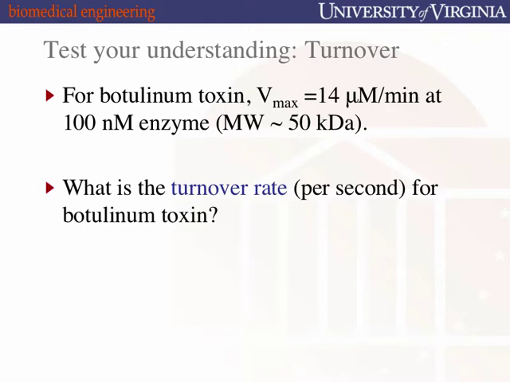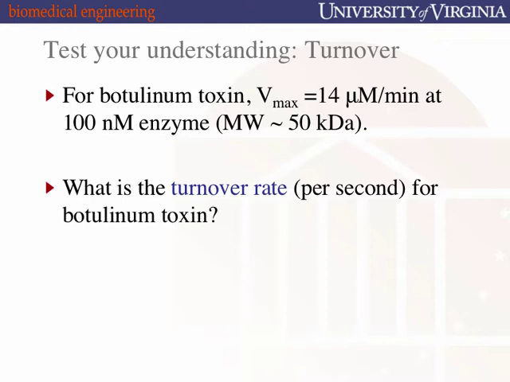And then divided by the concentration of our enzyme. So 100 nanomolar is how many micromolar? Anyone know that off the top of their head? 10 to the negative 3. So 1 nanomolar is 0.1 micromolar.